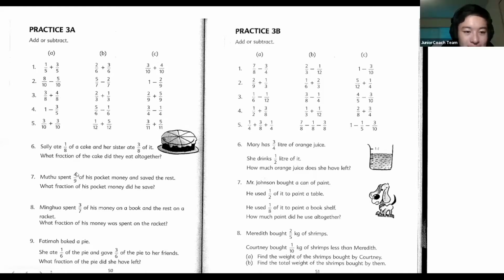All right, Sally ate an eighth of a cake and her sister ate 3/8 of it. What fraction of the cake did they eat altogether? 4/8. Right, 4 out of 8, which is a half, precisely.